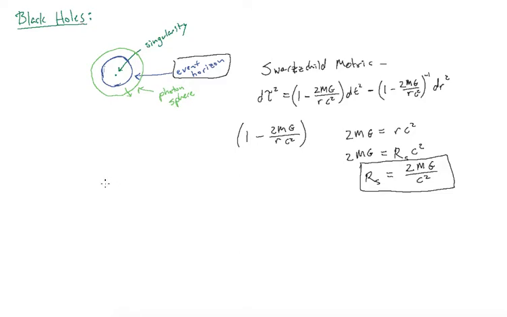Remember, our equivalence principle says that we can replace any gravitational field with an acceleration in flat space. So we can go back to our Minkowski diagrams, and we're going to put our light cone in here, 45 degrees both ways.